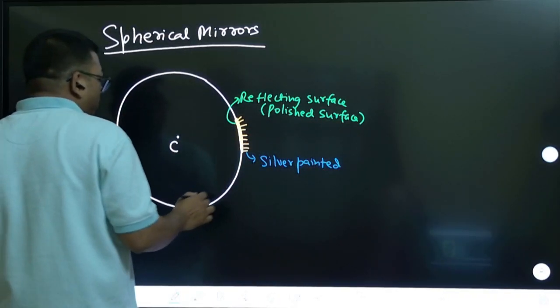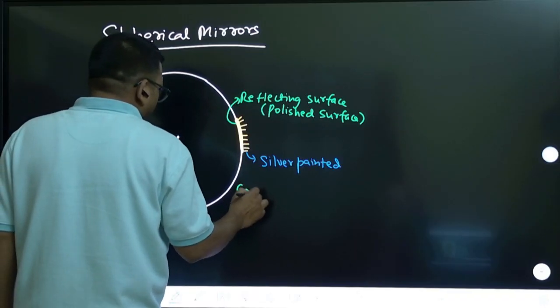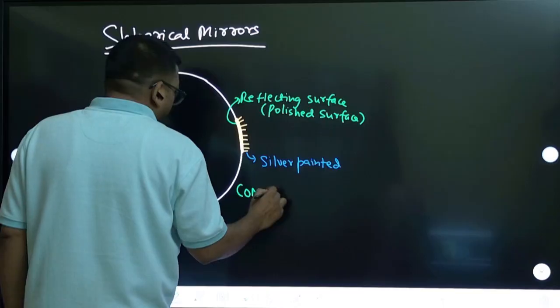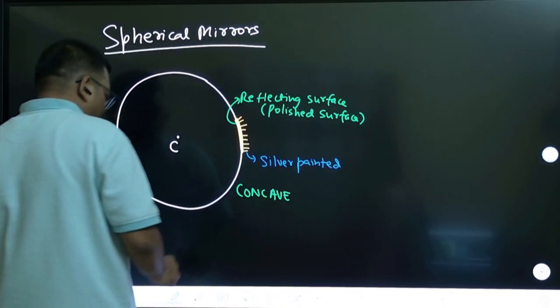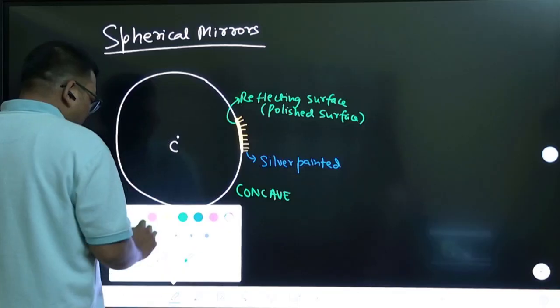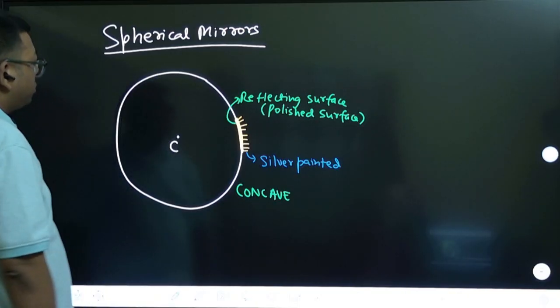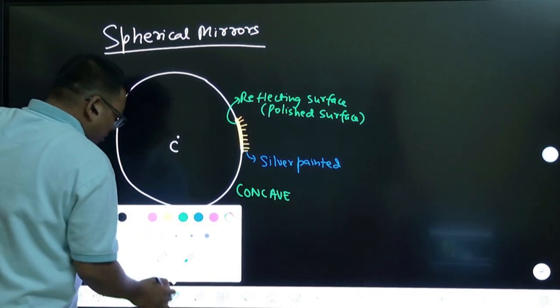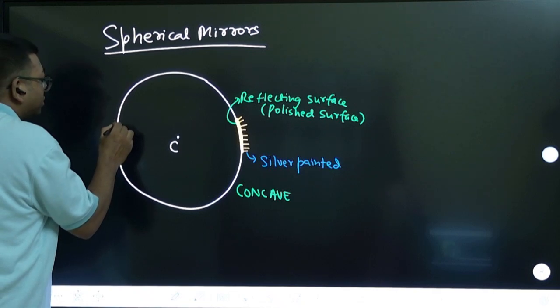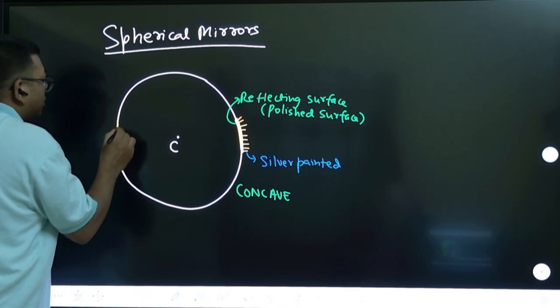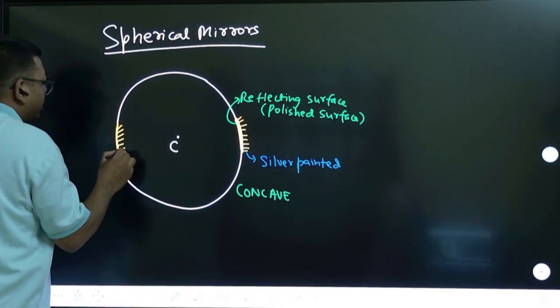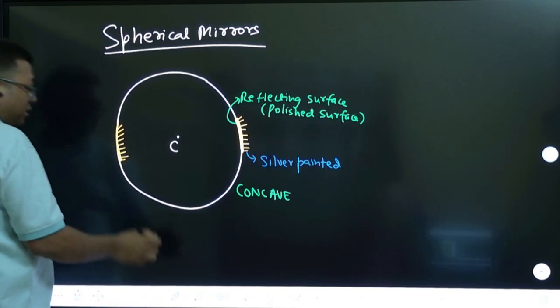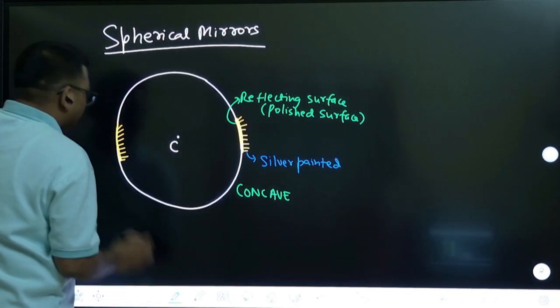This type of mirror is called a concave mirror. A convex mirror we can show in the same diagram. Suppose this surface, if I paint the inside, then the outside surface will become reflecting.